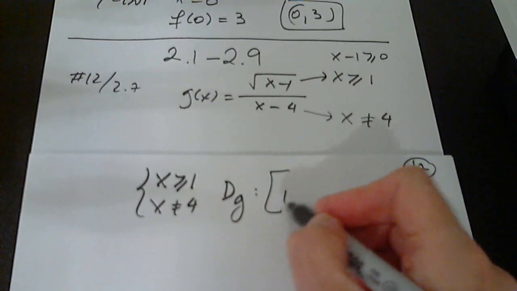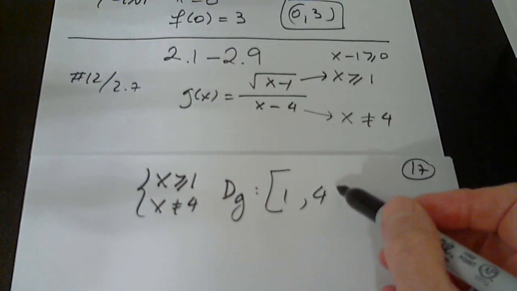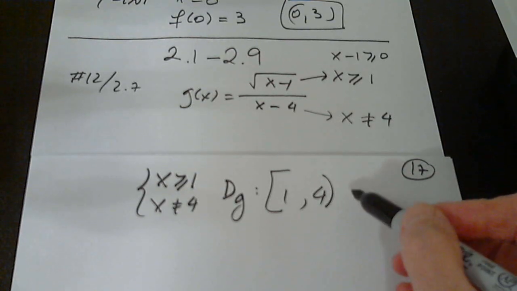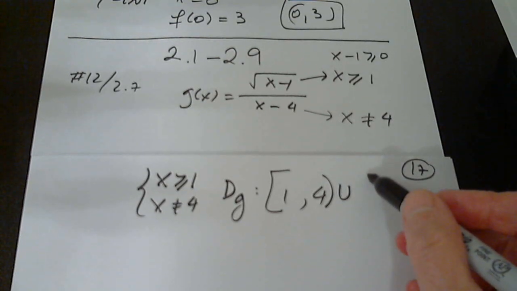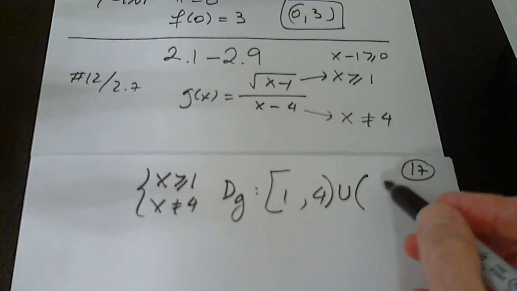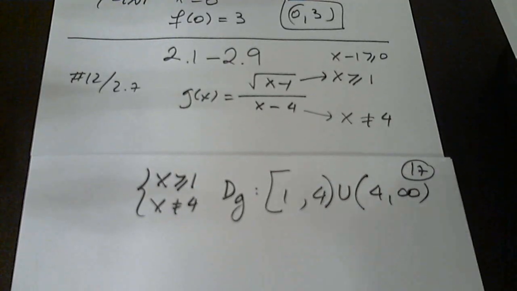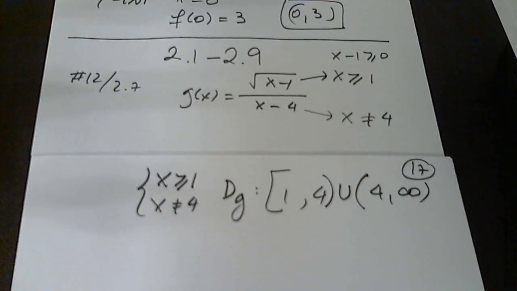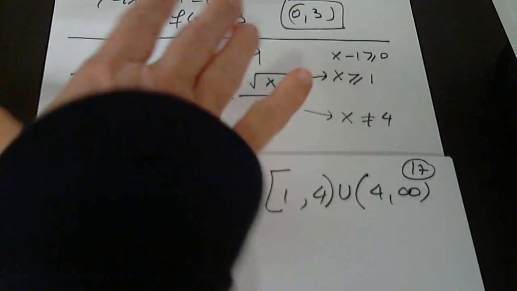Yes. Bracket with 1 and 4? Yes. Parenthesis, and then union? Parenthesis 4, and then it's infinity? That's it. Okay. Done. Good. Next question, next problem. Good pick. Next one.